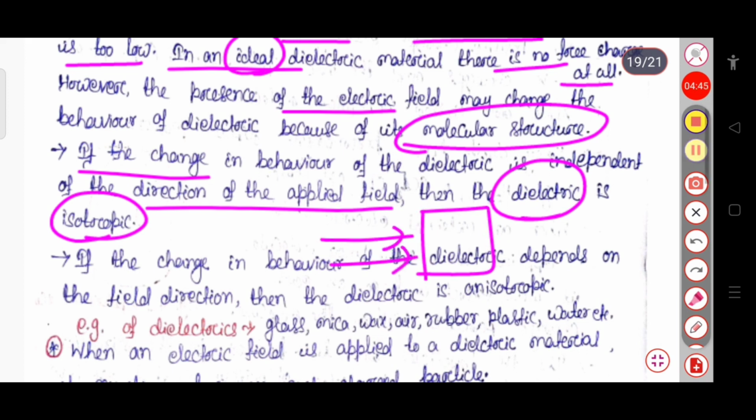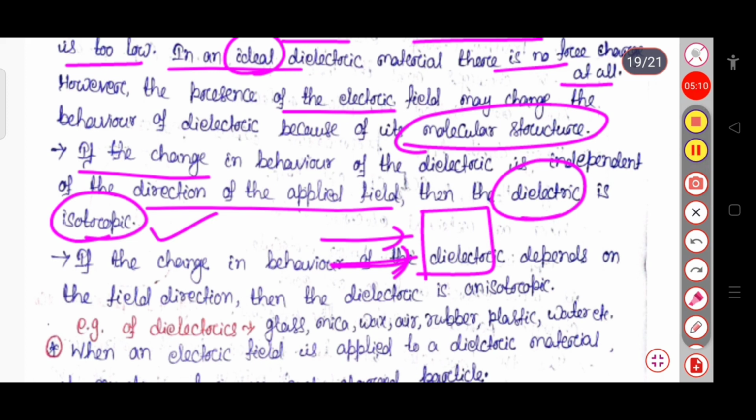If the behavior of the dielectric does not depend on the direction of the field, that is, it remains unchanged, then such a dielectric is called isotropic, or its nature is called isotropic nature.